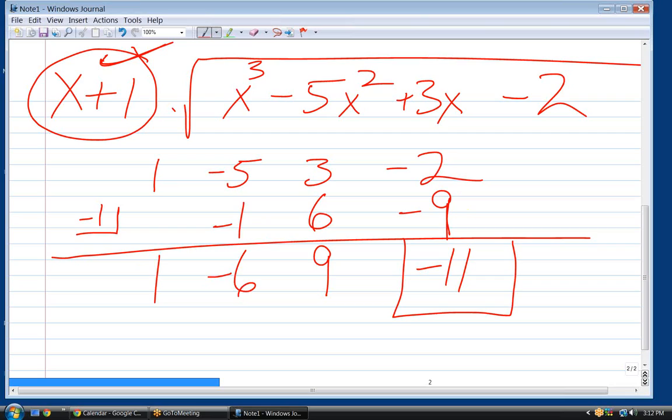Now, what's interesting is that what I have on the bottom is the remaining quadratic. In other words, that's x squared minus 6x plus 9.